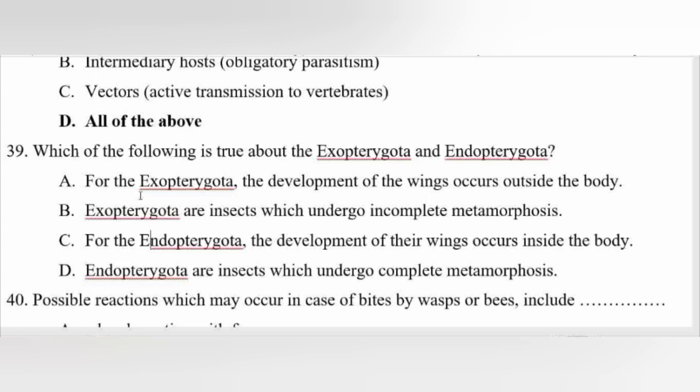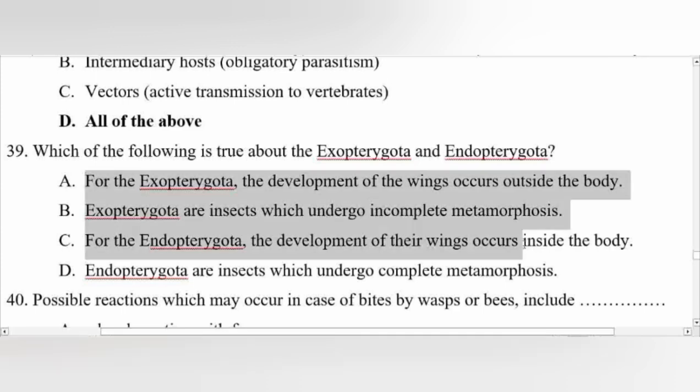Now, endopterygota are insects which undergo complete metamorphosis. Yes, the endopterygotes are actually holometabolous, meaning they undergo complete metamorphosis. So they have egg, they have the larva stage, they have the pupa stage, and then the adult stage. So that is complete metamorphosis.